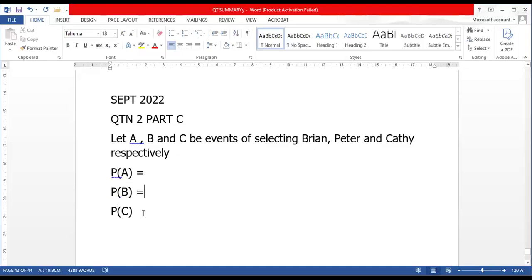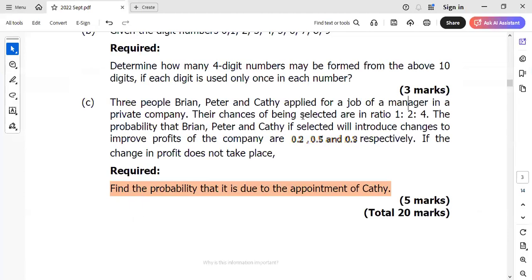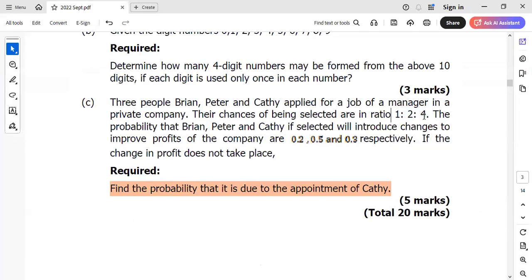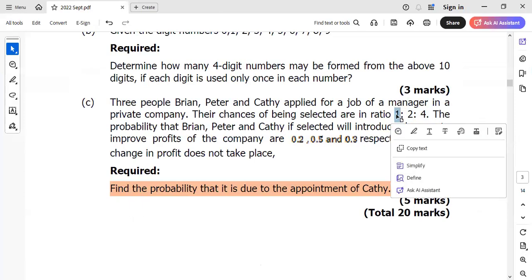What is the chance of choosing C? We are on step 2. Of course, here we are not given the total. We are given 3 people, but the chances of selecting are in the ratio 1 to 4. So it means that the probability of selecting, let's say Brian, is 1 out of what? 7. Get the total.